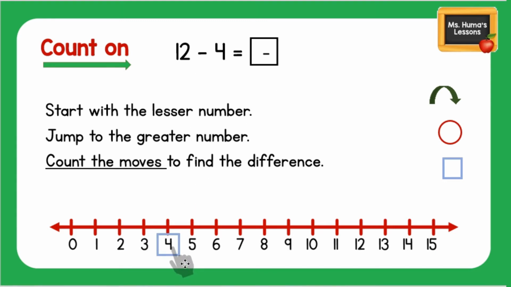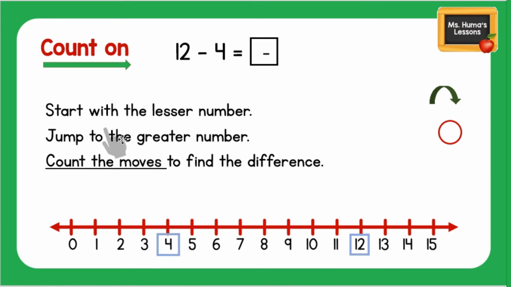Now I have to jump to the greater number. Which one is the greater number? 12 is the greater number, so let me mark it 12. That means I have to jump from the lesser number to the greater number. So we can see I have to jump in the forward direction. This is why it's called count on.